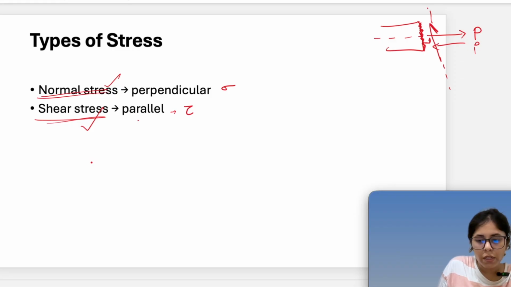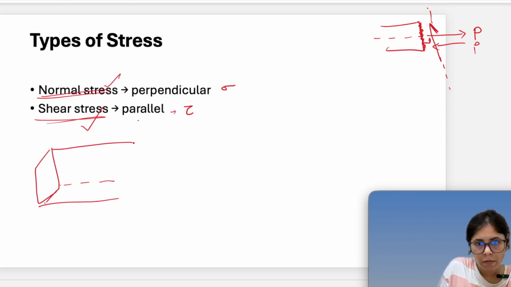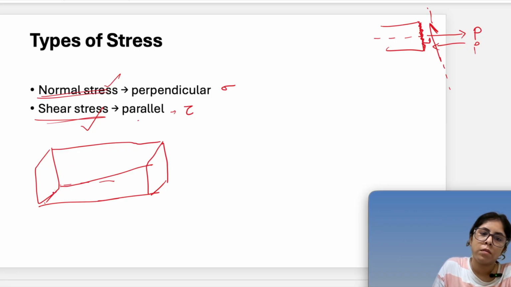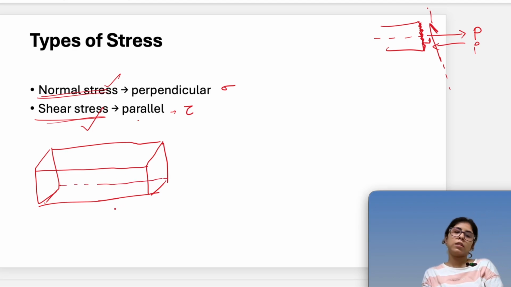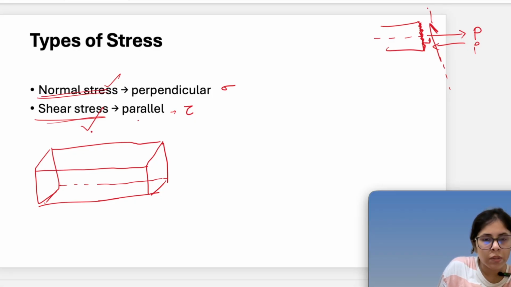So for example, let's say we have a body something like this, and on this we have several forces acting on it.